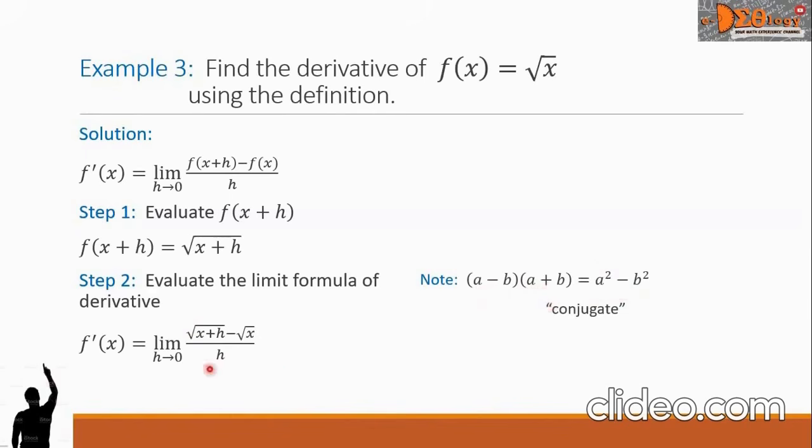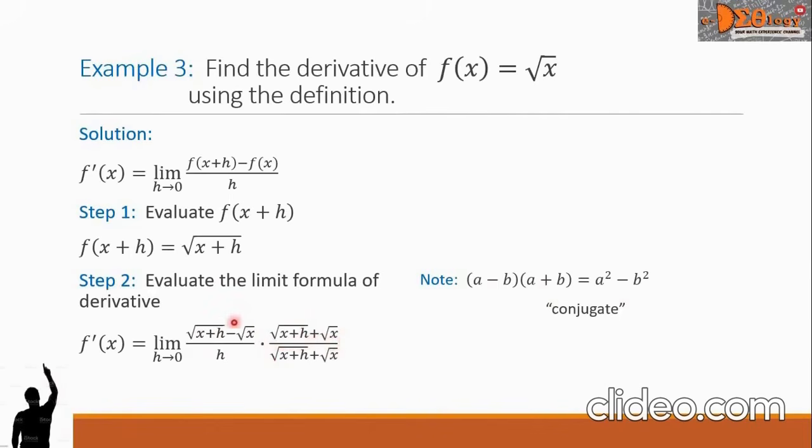So to simplify our fraction here, we want to remove the radical. So we're going to multiply this fraction by another fraction whose numerator and denominator is the conjugate of our numerator here. So we have to multiply this by square root of x plus h plus the square root of x.